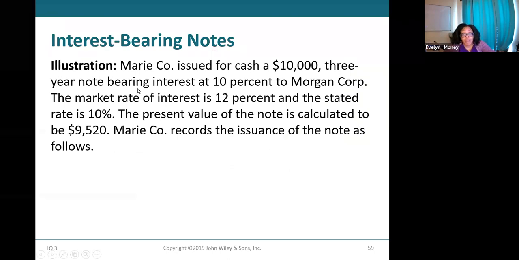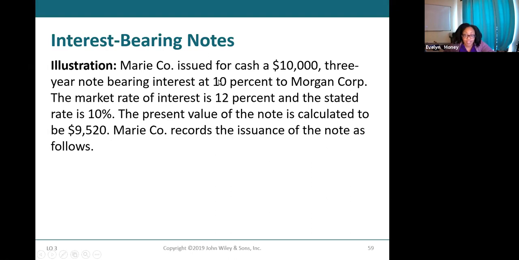Now, let's look at an interest-bearing note. So this time, the corporation issued for cash a $10,000 3-year note bearing interest at 10%, but the market rate of interest is 12%, even though that contract or stated rate is 10%. The present value of the note is calculated to be $9,520. So we know that this note is issued at a discount.